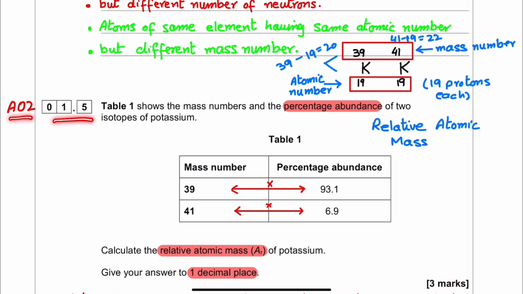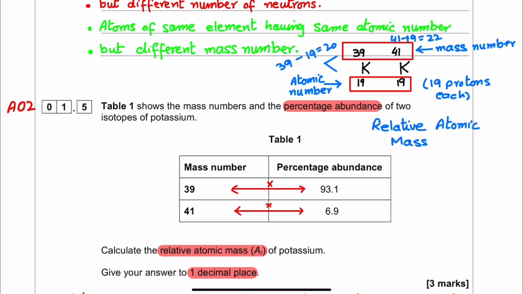1.5 is an AO2 question, and table number 1 shows the mass number and the percentage abundance of two isotopes of potassium. This question is from the topic of relative atomic mass. The masses are given: potassium-39, its abundance is 93.1, whereas potassium-41, its natural abundance is 6.9%. Calculate the relative atomic mass of potassium.